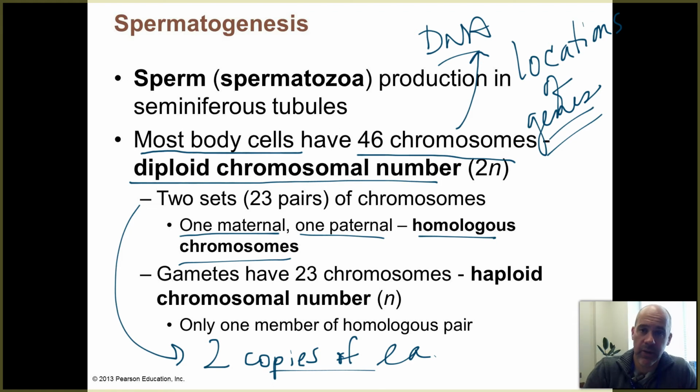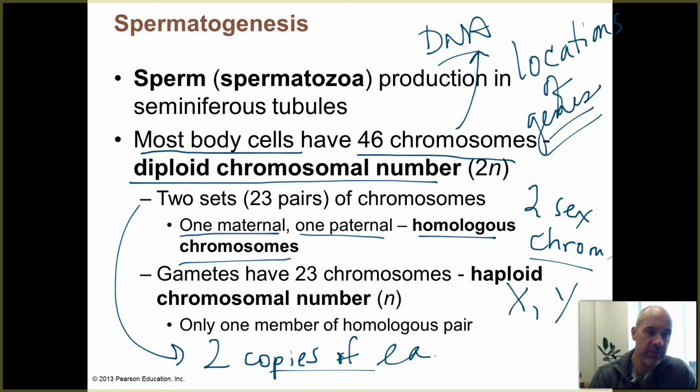They're also numbered, so they're actually called chromosome number 1, number 2, number 3, number 4, up through 22. And then you have your 2 sex chromosomes, and you inherit one of these from mom, and you inherit one of these from dad as well. Those are your X and your Y chromosomes.